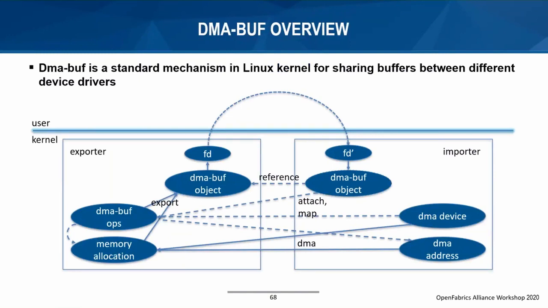The exporter will export the buffer as an object called the DMA-BUF object. At the time of exporting, it has to define a set of operations. That set of operations will do all the necessary things to pin the buffer or to do the address translation.